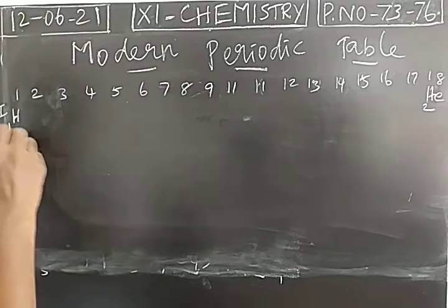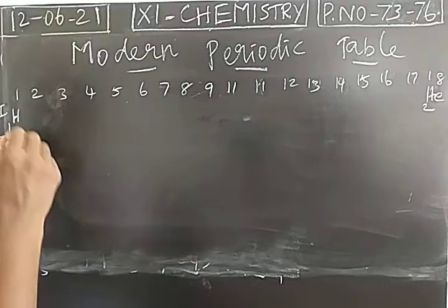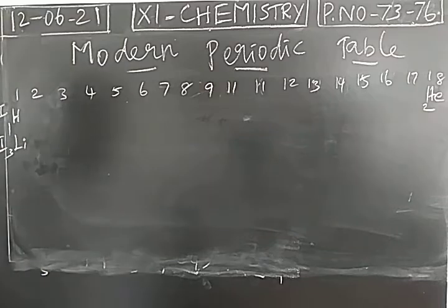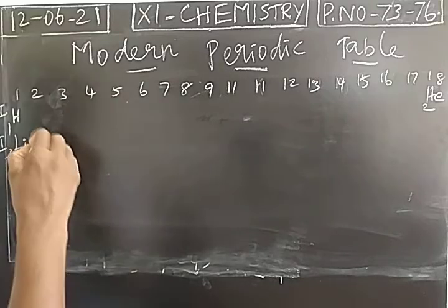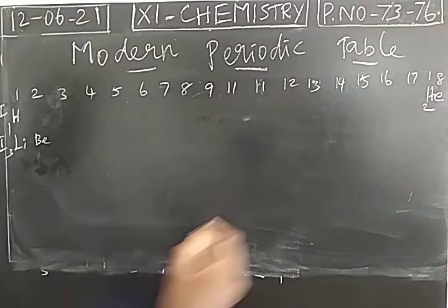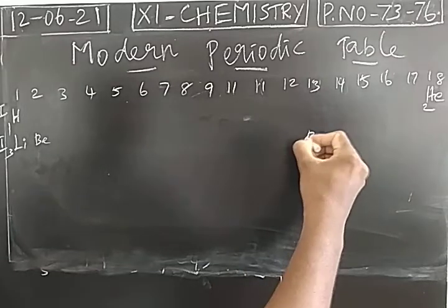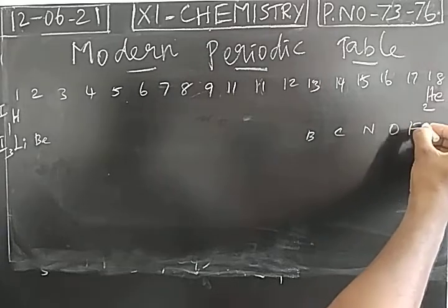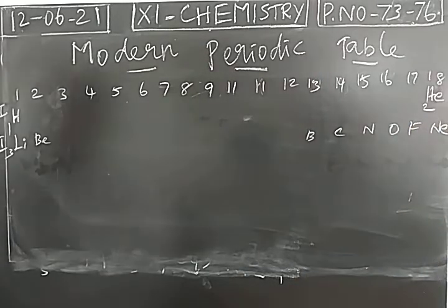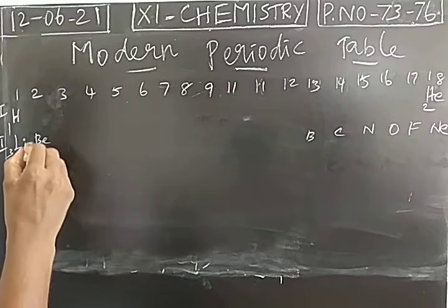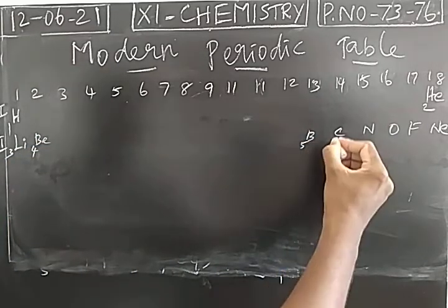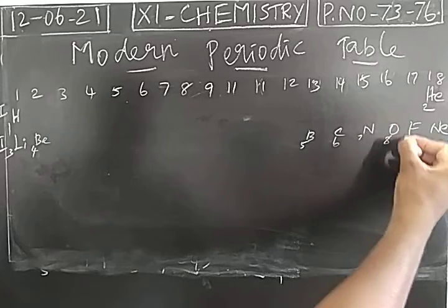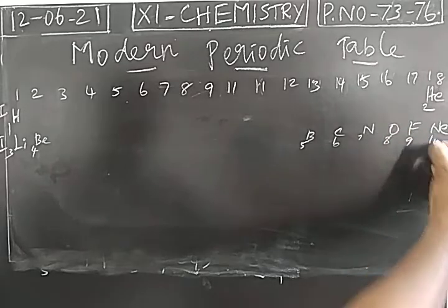When you take the second period, it starts with lithium with atomic number 3, then beryllium, boron, carbon, nitrogen, oxygen, fluorine, neon. So atomic number gradually increases: beryllium 4, boron 5, carbon 6, nitrogen 7, oxygen 8, fluorine 9, neon 10.